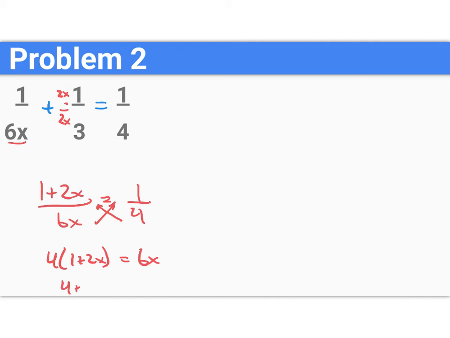So I get 4 plus 8x equals 6x. Subtract 8x from both sides. 4 equals negative 2x. Divide by negative 2. And x equals negative 2.